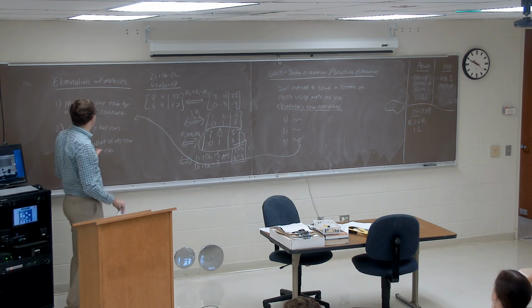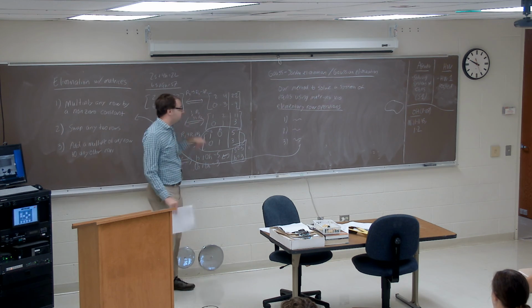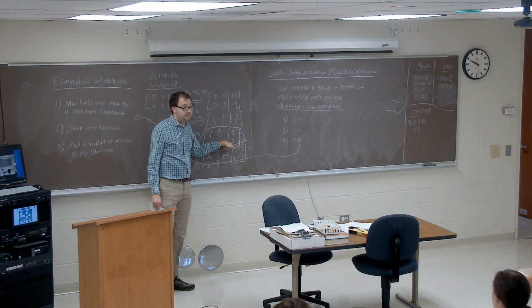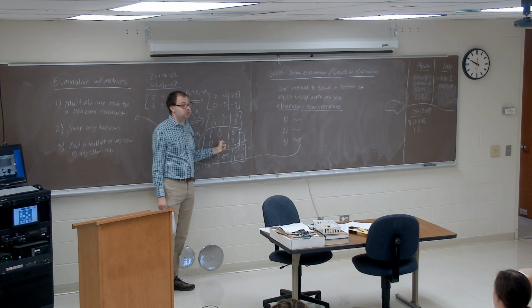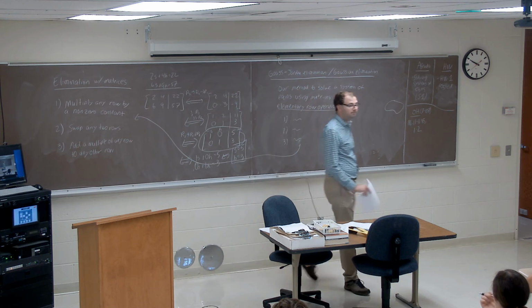So the idea is you take your original matrix, you put it in this super slick form right here, and then you can just read off the solution or solutions to your system of equations from this matrix right here. And that process is Gauss-Jordan elimination.